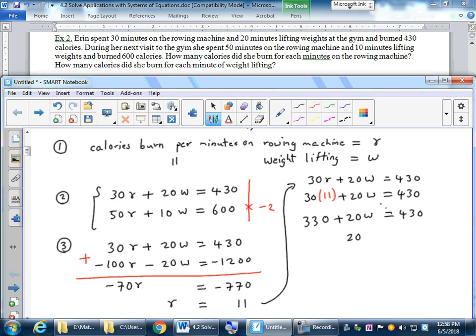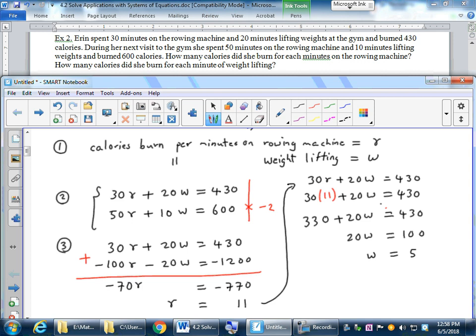So 20W subtracting 330 to both sides, that will become 100. So therefore, W will be equal to what? 5 after you divide by 20. So finally, I can do the interpretations.